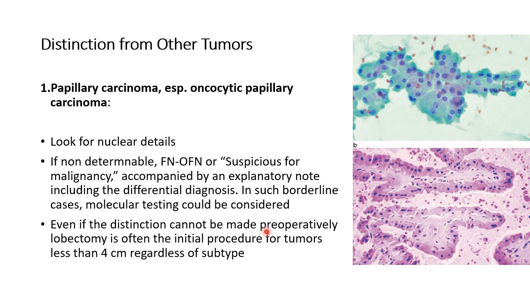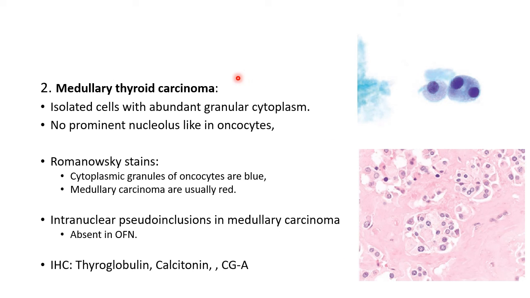Even if the distinction cannot be made preoperatively, lobectomy is often the initial procedure for tumors less than 4 cm regardless of the subtype.